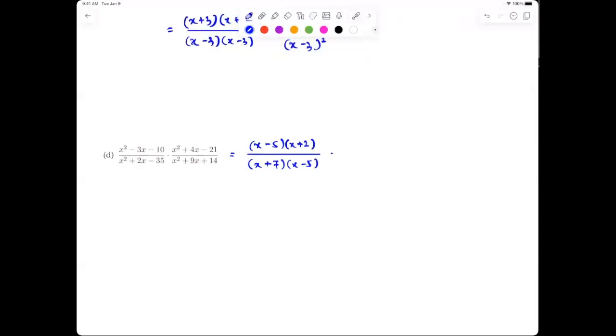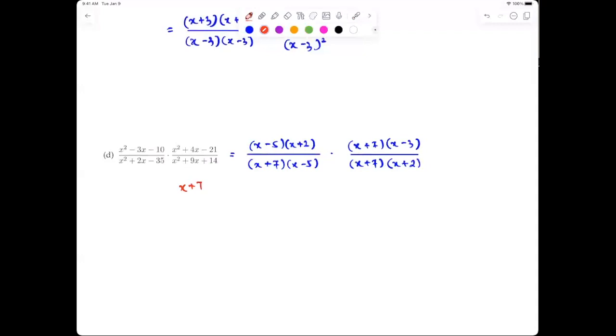The second rational expression gives me x plus 7 times x minus 3 over x plus 7 times x plus 2. Now conditions.